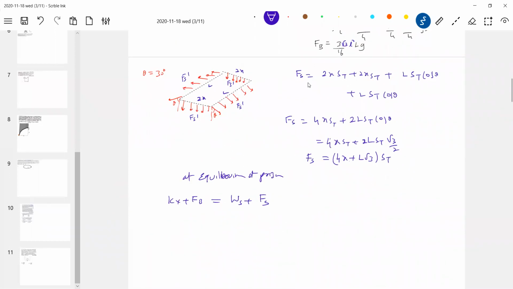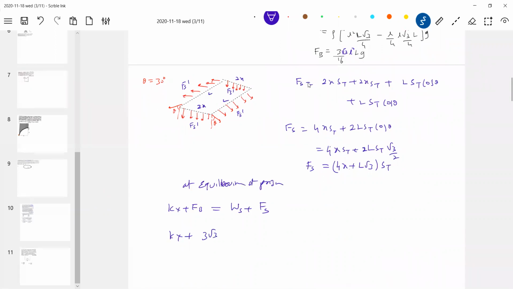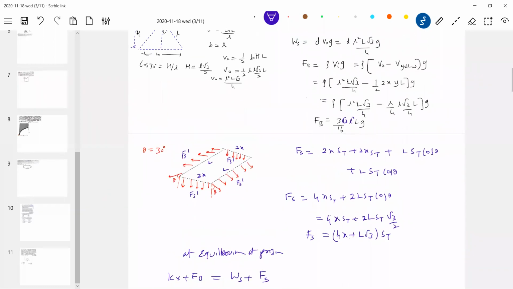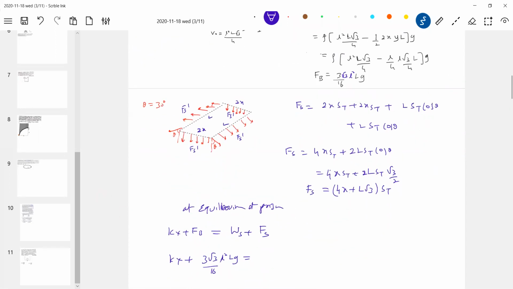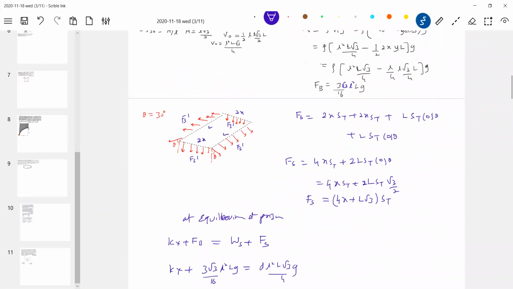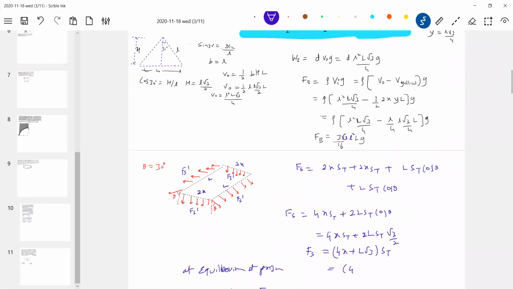Now substitute all: kx, buoyant force 3 root 3 by 16, weight of the solid d L square L root 3, density, no? So density. What is x? I think somewhere we calculated, anybody?